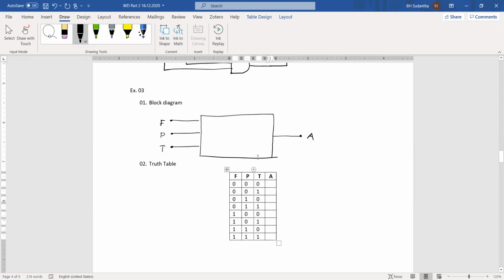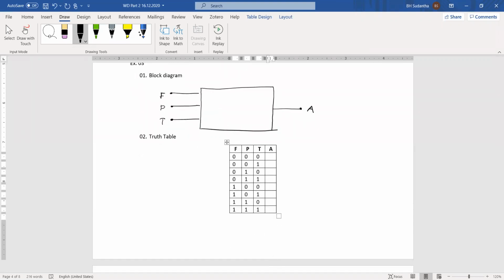Okay. The first condition is flow rate and pressure are low. Flow rate and pressure are low. That is the first condition. That means F0, P0. Here, this is F0, P0.